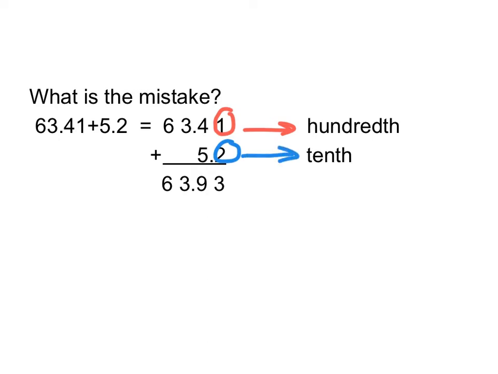So I can't add 1 hundredth plus 2 tenths and get 3 hundredths. That's not going to make sense. 1 hundredth plus 2 tenths is not going to give me 3 hundredths. So that's where my error is coming in. I am not adding things that have the same unit on them.